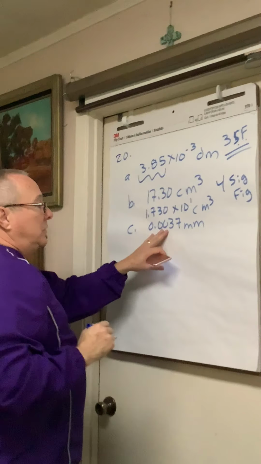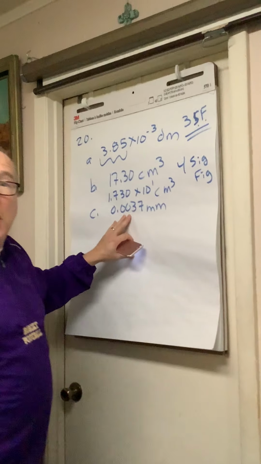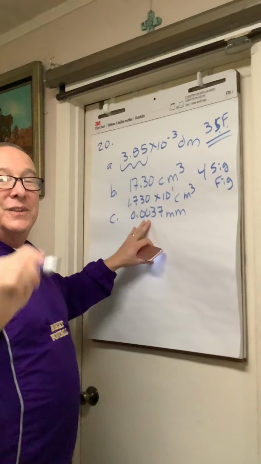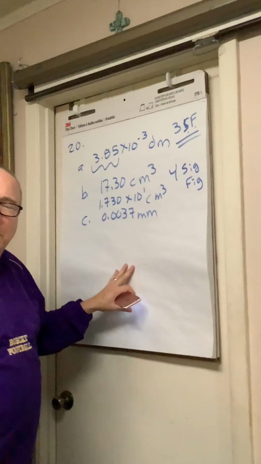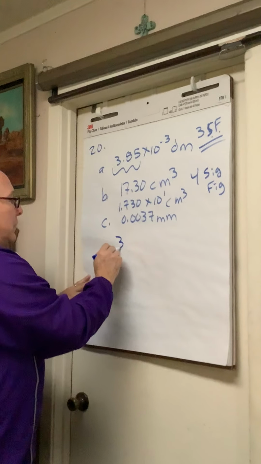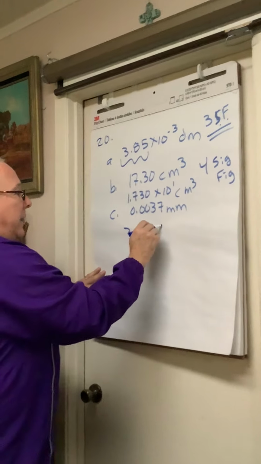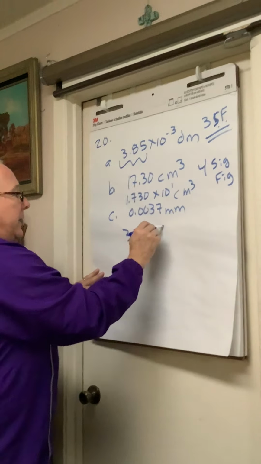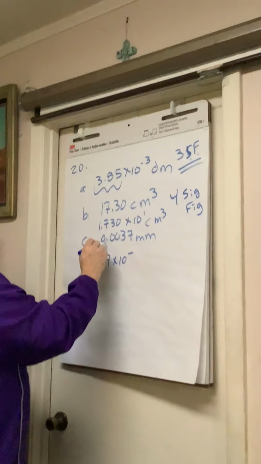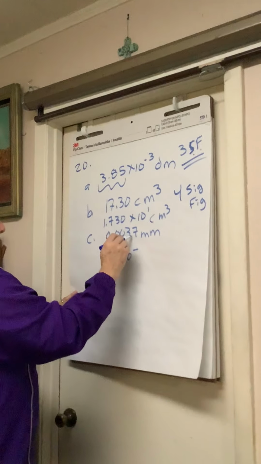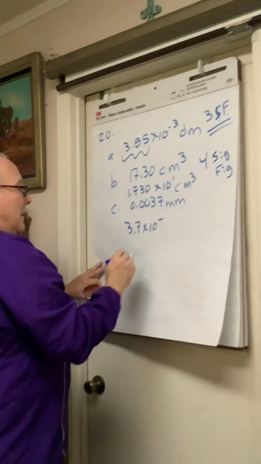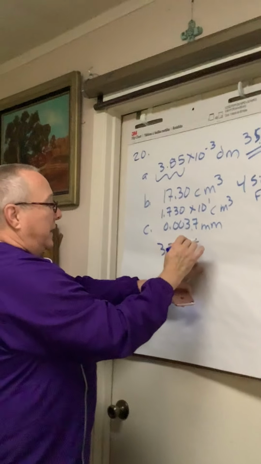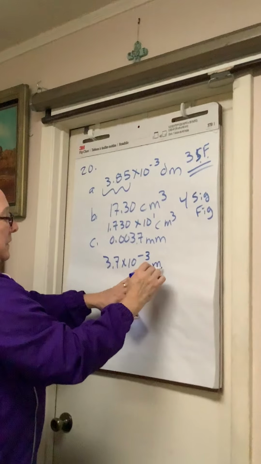Here's another one. How many sig figs? Are these zeros significant? No, they're to the left. Even though they're to the right of the decimal point, they're to the left of our measurement. However, that's another hard rule for me to remember. Put it into scientific notation: 3.7 times 10 to the minus 3 millimeters, counting the places carefully.